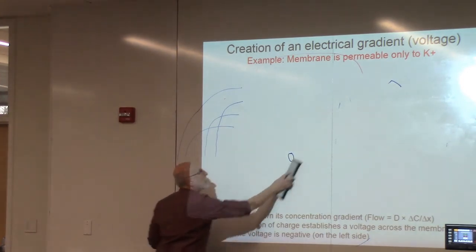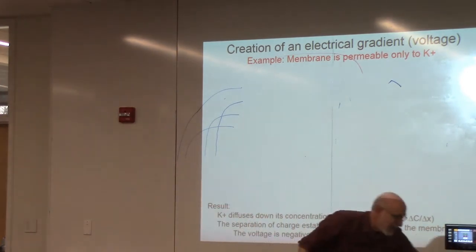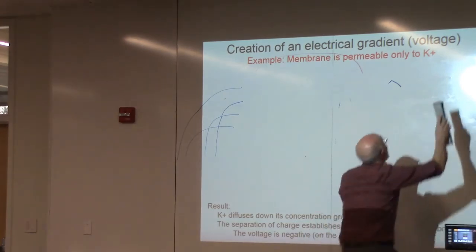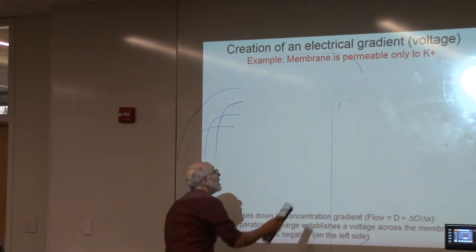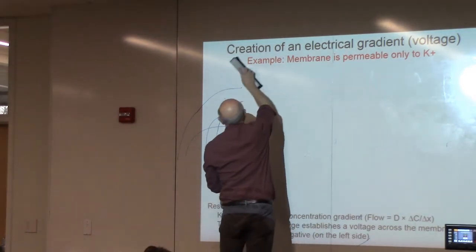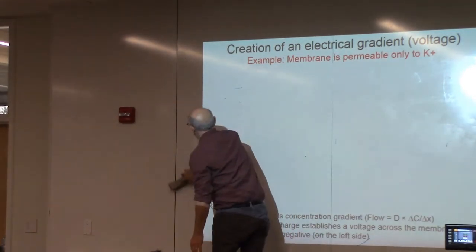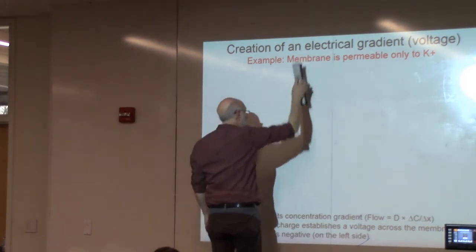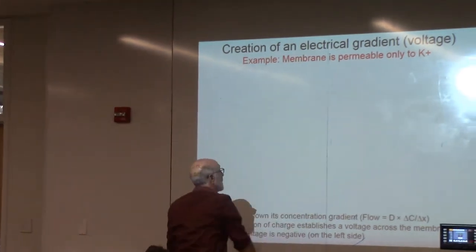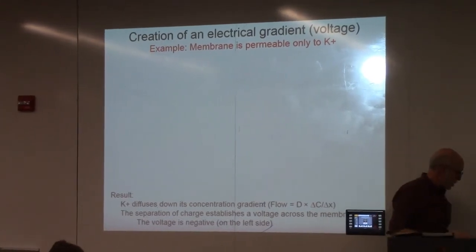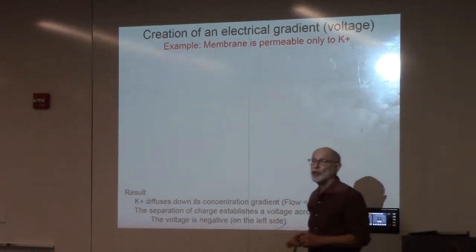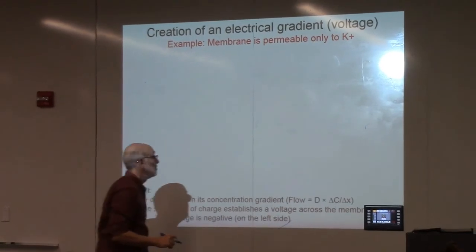Now what we're going to do is change only one thing for now, and that is give the solute that we're talking about charge. So we're going to talk about a membrane that is permeable to potassium, which has a charge, and not permeable to anything else.